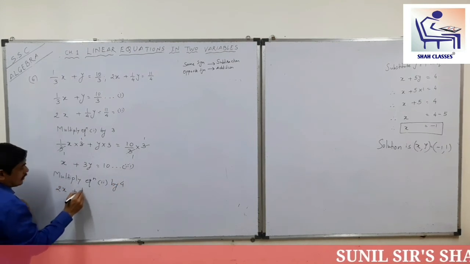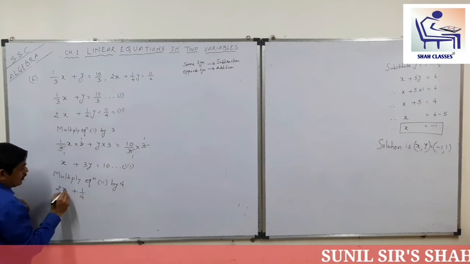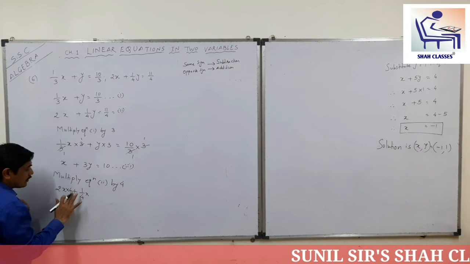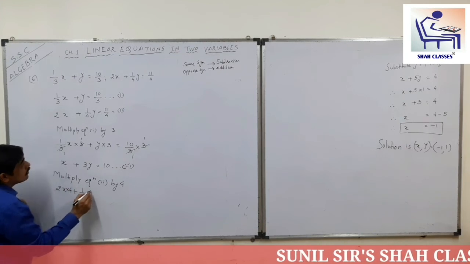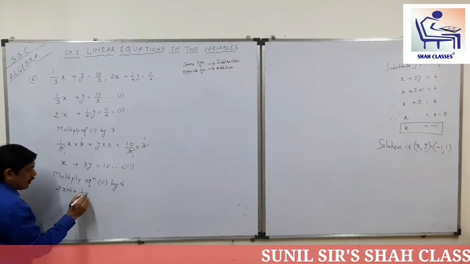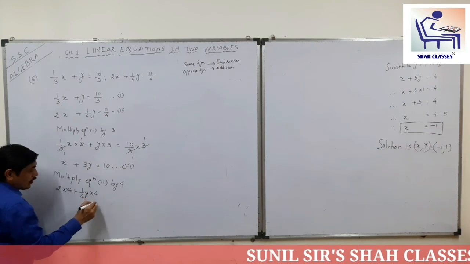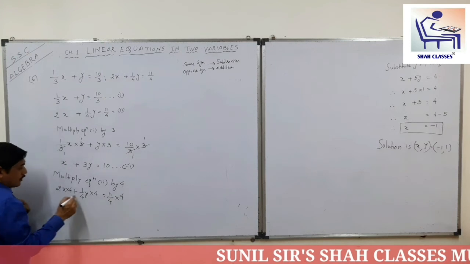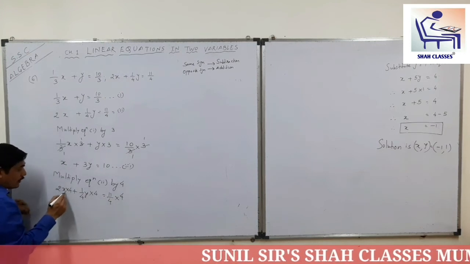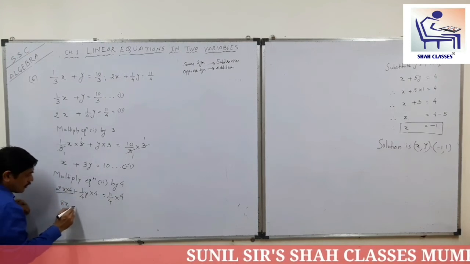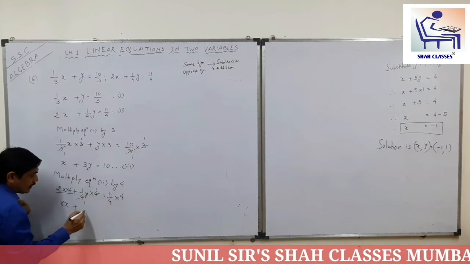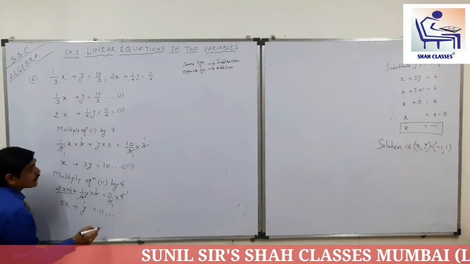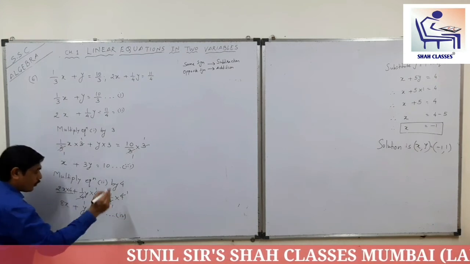So 2x plus 1 upon 4y, here we will multiply it by 4, here also we will multiply it by 4, and 11 upon 4 into 4. So 4 2s are 8x. Now this 4 gets cancelled, and again here also 4 gets cancelled. So this is your equation number 4.